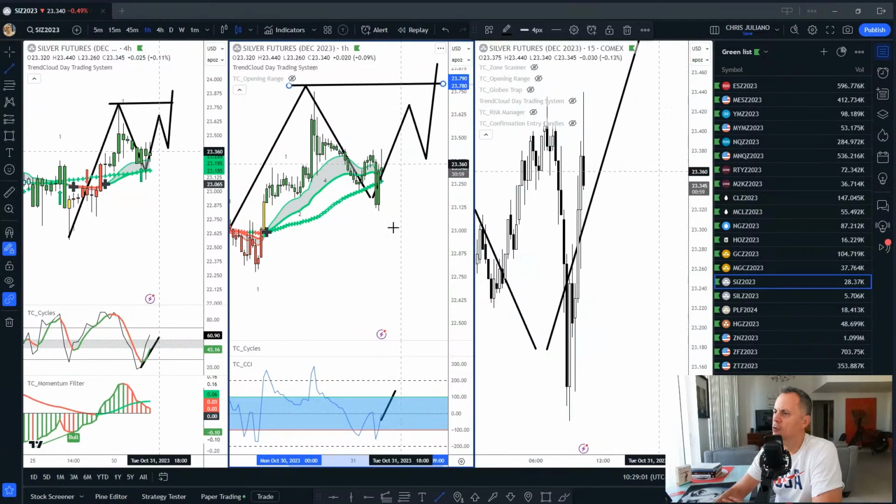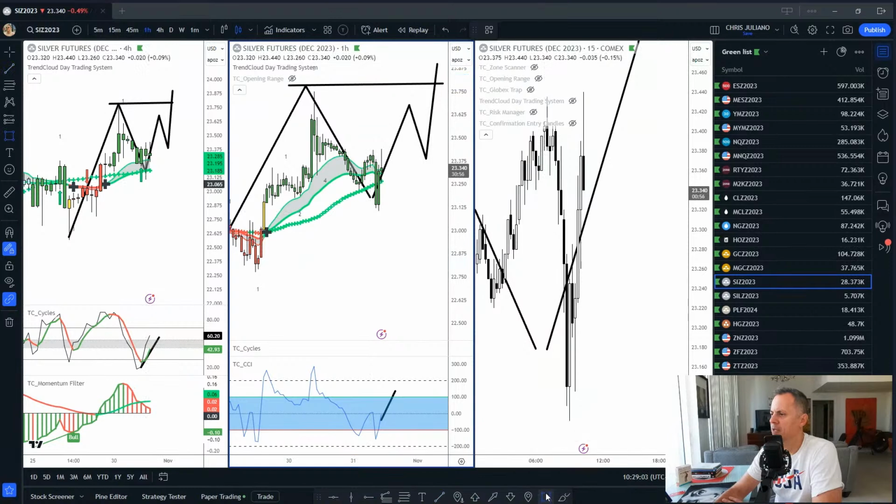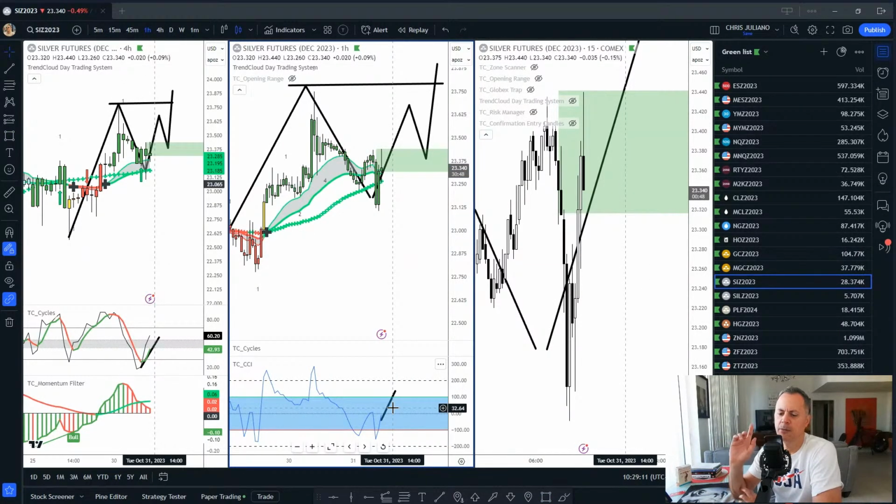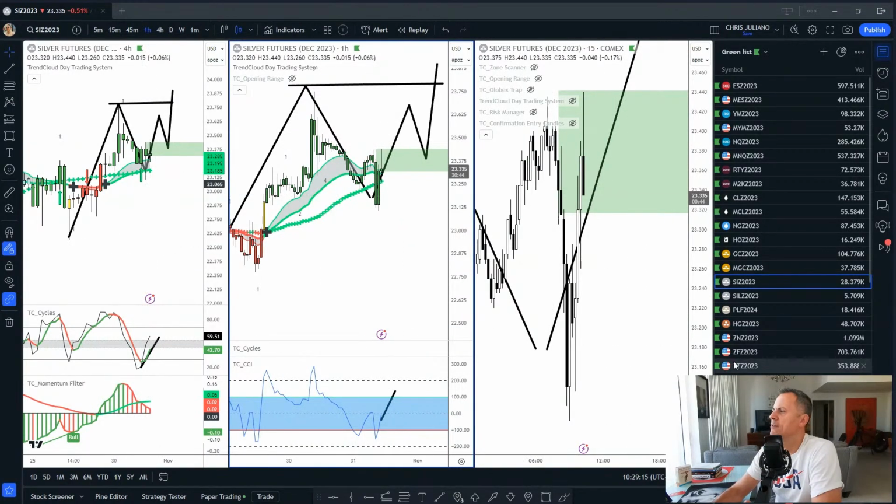So we can get in early on something in here, but CCI has got to break above positive 100. Okay. So we're waiting on silver.